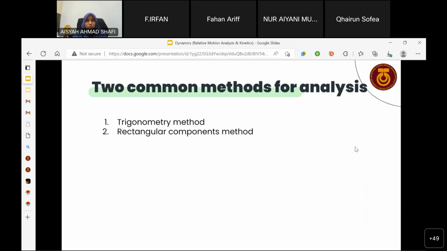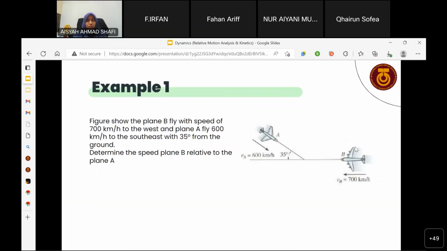There are two methods for analysis. For example here, the figure shows plane B flying with a speed of 70 kilometer per hour to the west, and plane A flying 600 kilometer per hour to the southeast with 35 degrees from the ground.